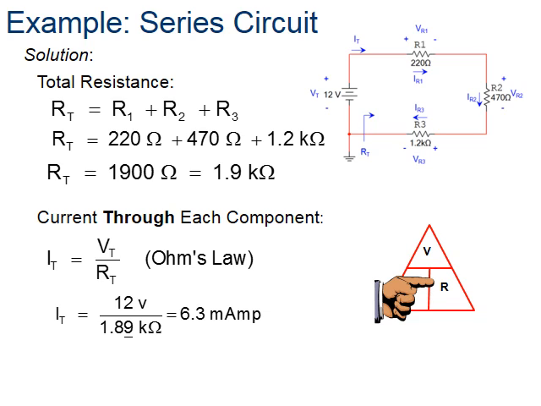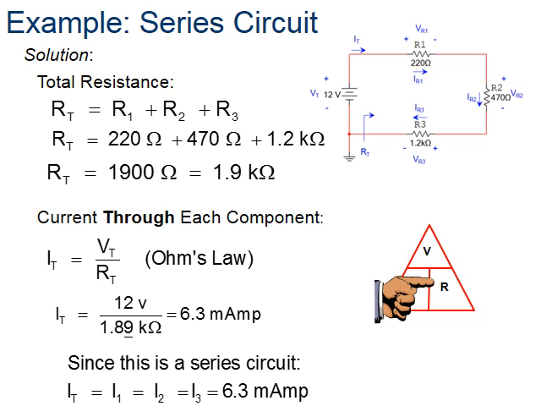Actually, we do. That's given to us. That's 12 volts. So 12 volts divided by 1.9 kilohms is 6.3 milliamps, or 0.0063 amps. So therefore, we can say that the current everywhere is 6.3 milliamps.